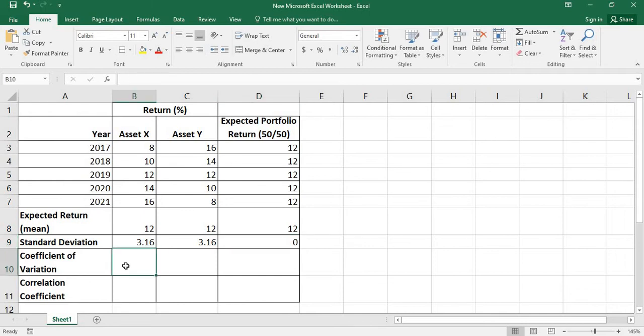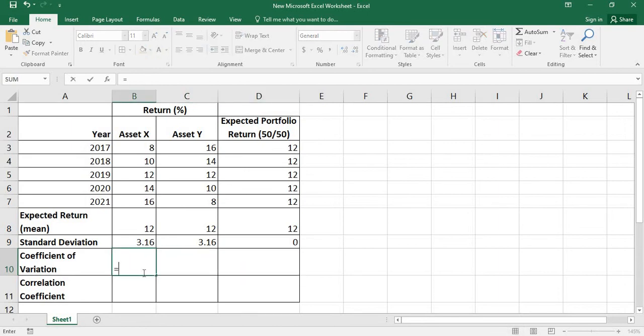Now we'll calculate coefficient of variation. We know the formula of coefficient of variation, which is expected return divided by standard deviation. So expected return divided by standard deviation. Now do it for others. Sorry, I put here a wrong formula.